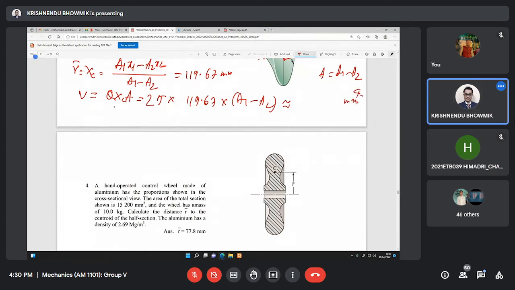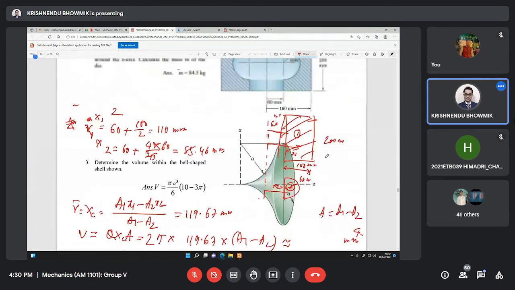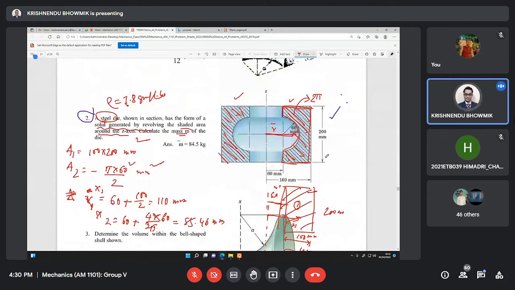Now the mass will be what is being asked. We have the steel die volume, and we have to calculate the mass.